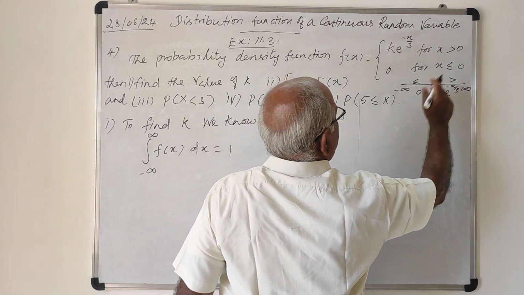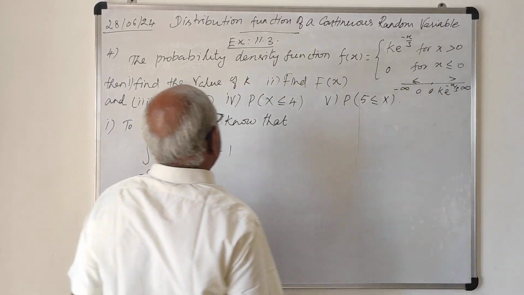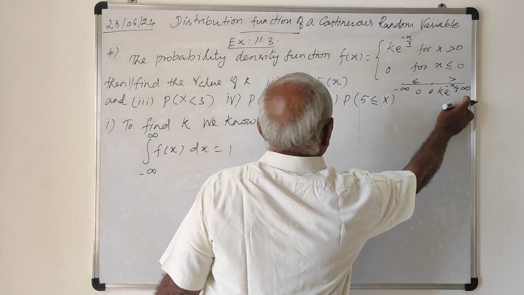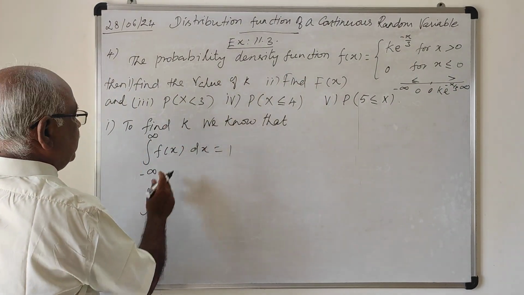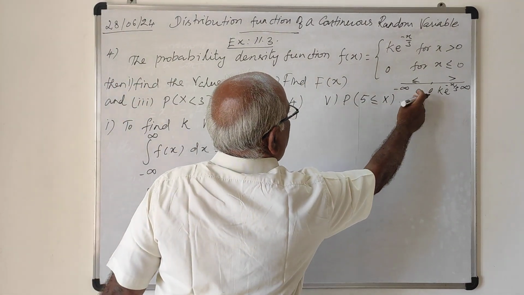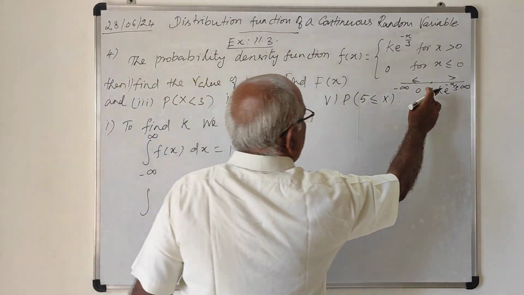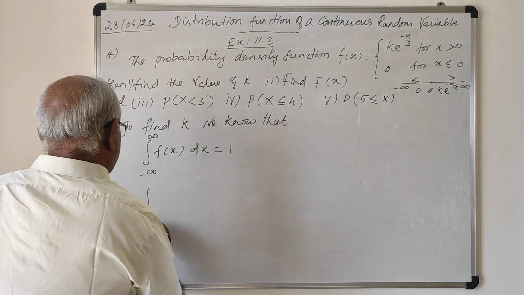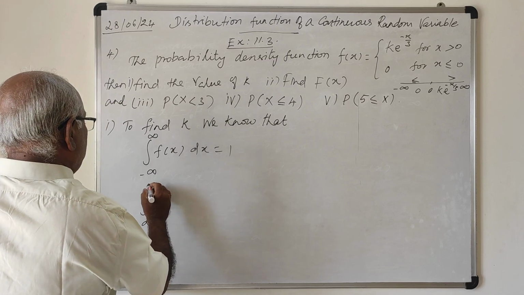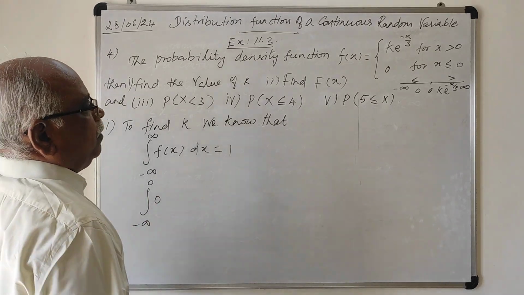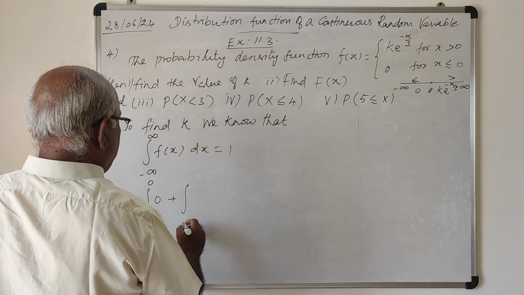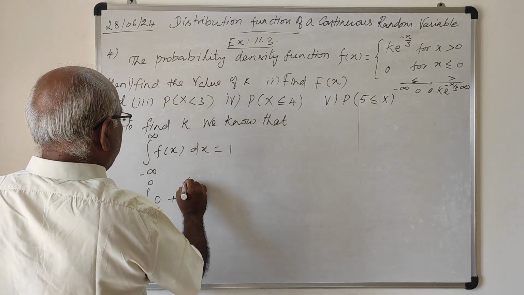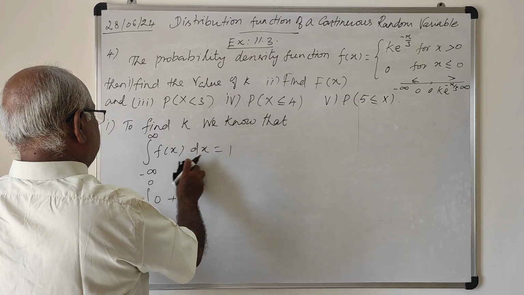Therefore, the integral from minus infinity to plus infinity of f of x dx is 1, so you consider only 0 to infinity, since from minus infinity to 0 the function is 0, plus the integral from 0 to infinity where the function exists.